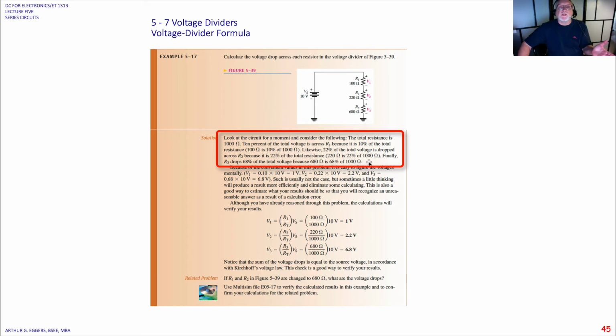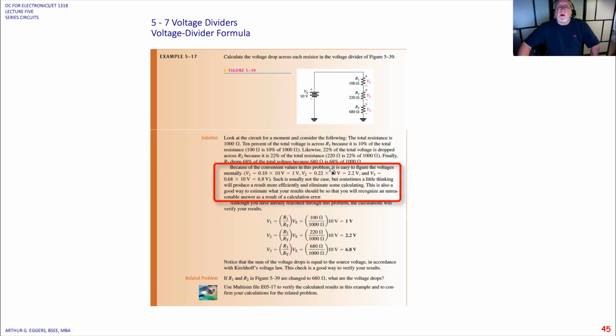Okay, this just works out because we've got 1,000 ohms total here. I mean, the numbers work out cleanly for us. But the analogy there is good. We can start to see how the math bears out, and we could come up with some simple explanations and some simple solutions. Because of the convenient values of this problem, it's easy to figure out the voltages mentally.